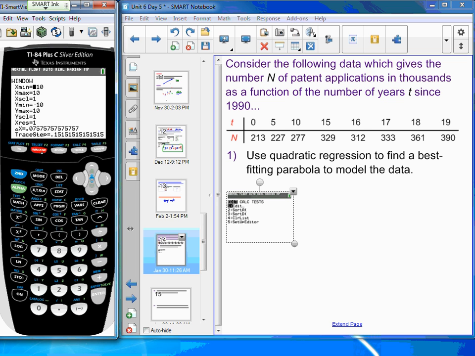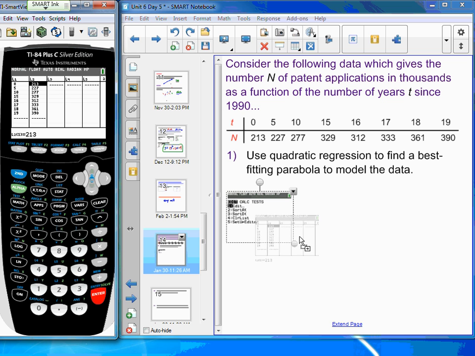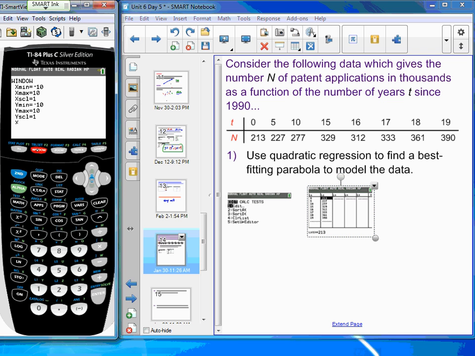Everybody do it. Window. Negative 5 to 25. And now for the y window, I'm going to go maybe 100 to 500 so that I'm below my lowest value and above my highest value and give a little space.